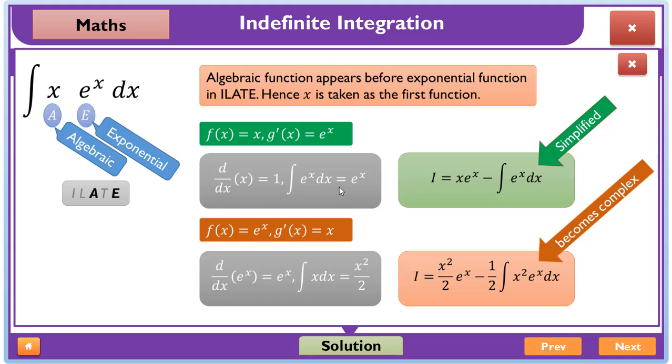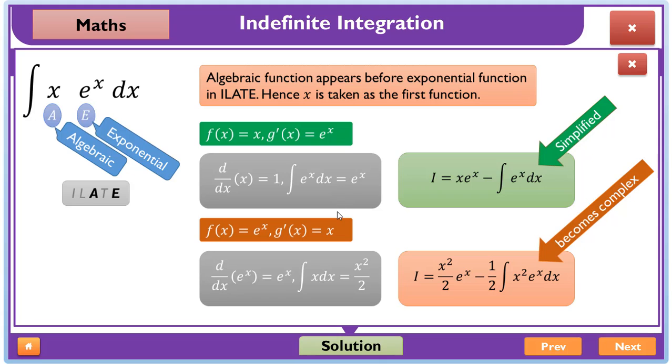Once we get these values, put them in the formula of integration by parts. Now it becomes x e to the power x minus the integration of e to the power x dx. Now we can see this one is simpler than the original. We can easily integrate the second term, which is e to the power x itself.